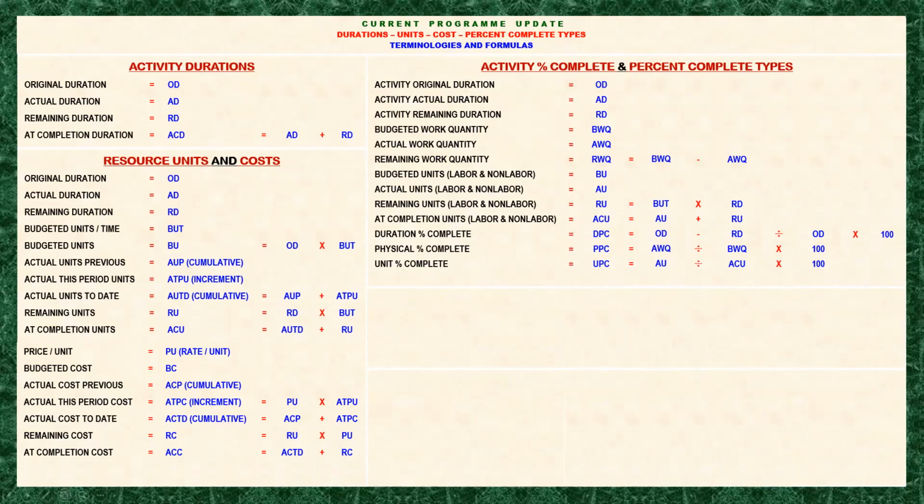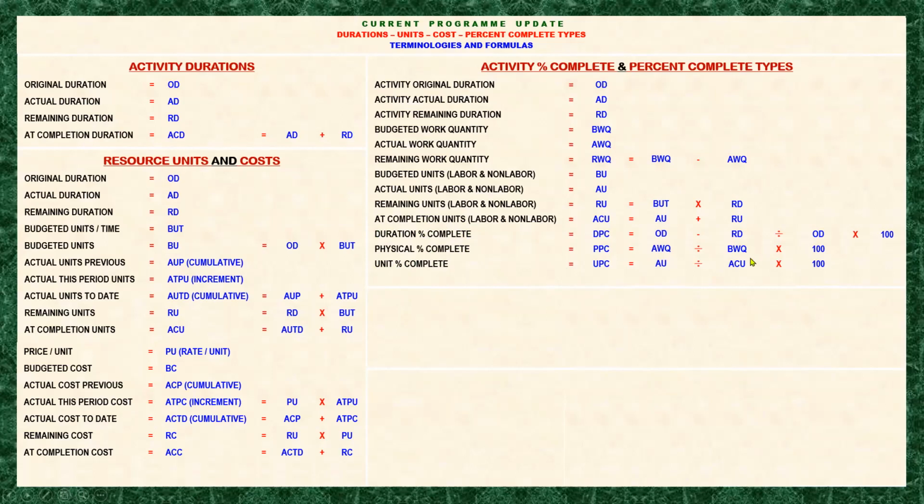Okay. So we have here units percent complete. Remember also that we are talking about the period percent complete here, not the total completion percent complete. Only this is periodic. So units percent complete is equal to actual cumulative units divided by at completion units.